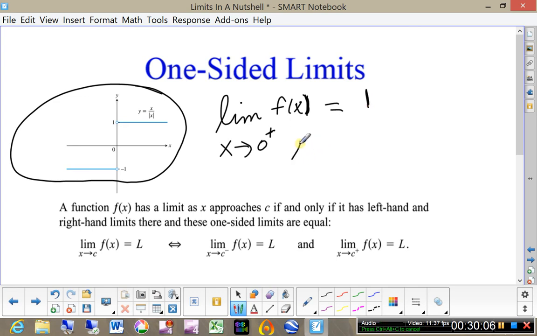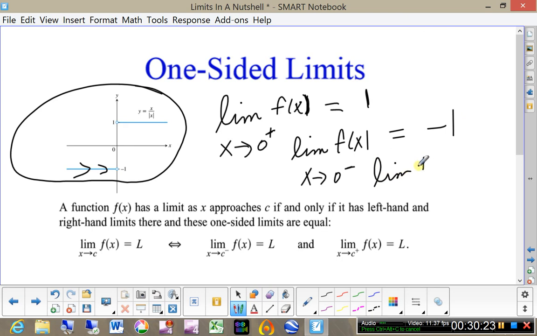If we look at the limit of f of x as x approaches 0 from the left, hopping on the graph and going in from the left, we see that the limit is -1. However, the limit of f of x as x approaches 0 without a plus or minus on it, in other words, the limit of f of x as x approaches 0, does not exist because the right and the left hand limits do not agree.